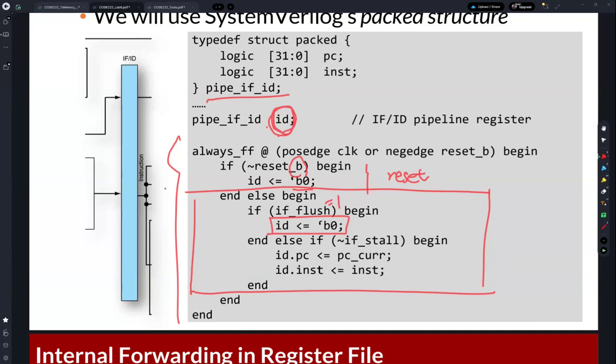It just generates the bubble, and makes all outputs like id.pc and id.inst become 0, meaning nop. And then, it means not instruction_fetch_stall. So what does that mean?